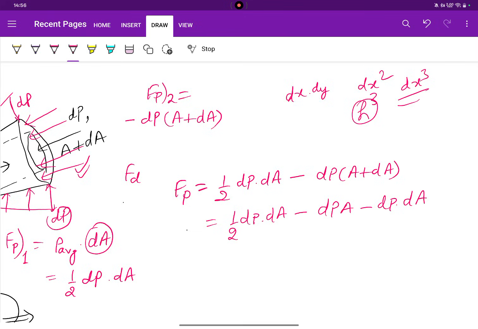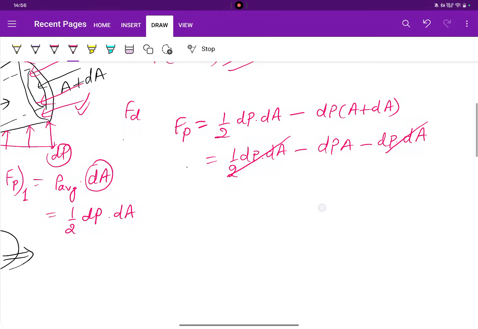You neglect the higher order of that small change, because if you multiply 0.01 into 0.01, you will get 10 power minus 4, which is very, very small. So this and this, I'm not cancelling them out with each other, rather I'm neglecting them. Let me write down neglected. So fp turns out to be minus dP into area. This is not rho.